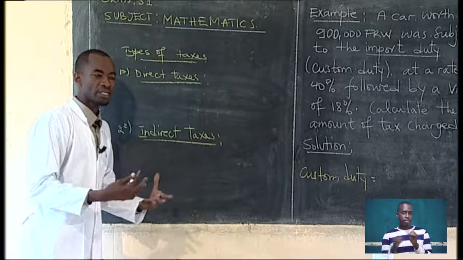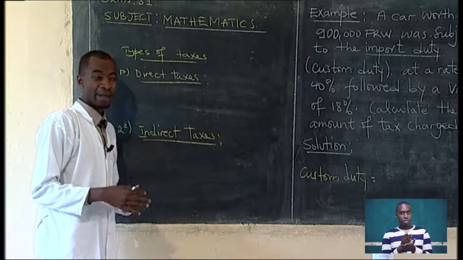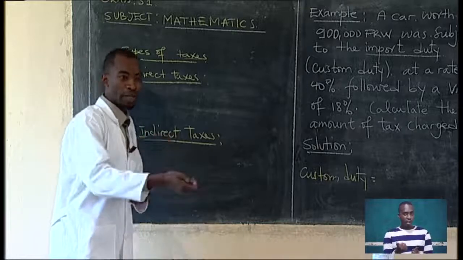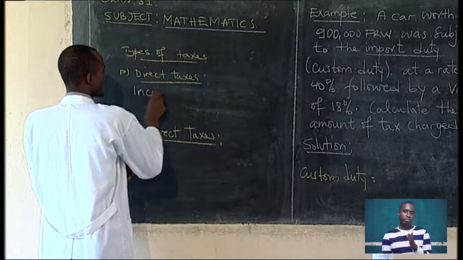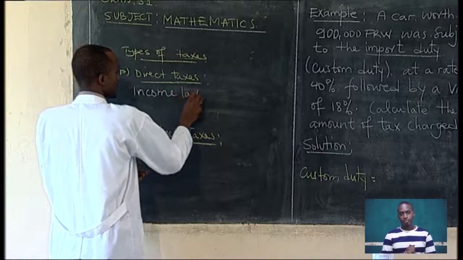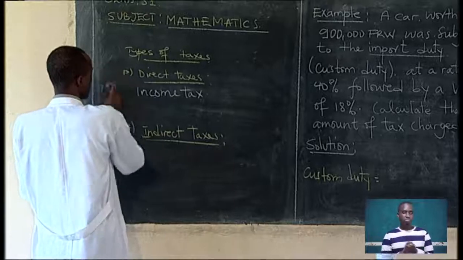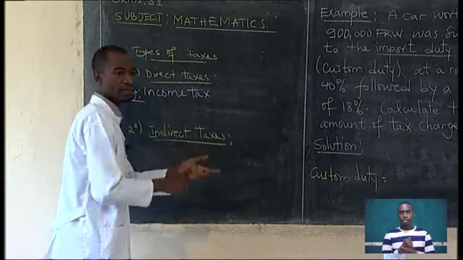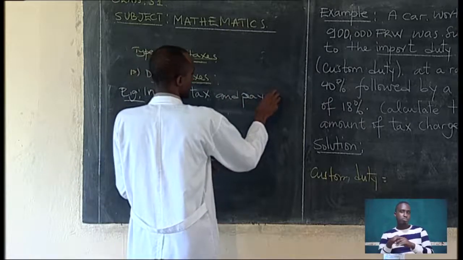When we say direct tax, that's the income tax and pay as you earn. When you earn some money, you need to pay. That's the income tax. Just as some examples, the income tax and pay as you earn.